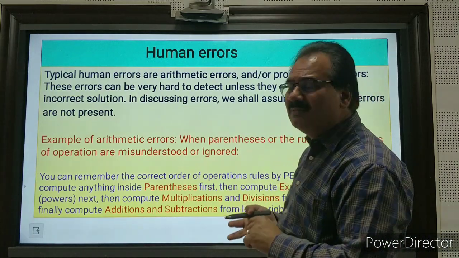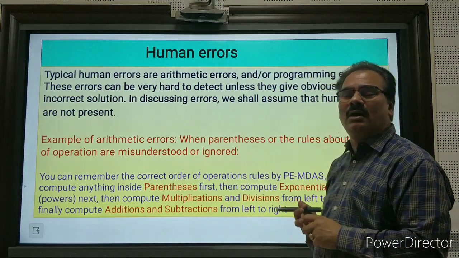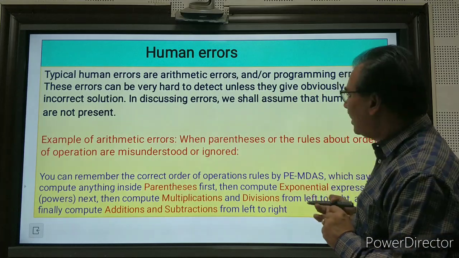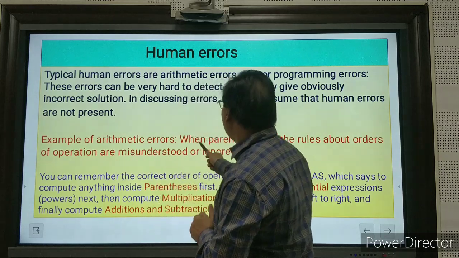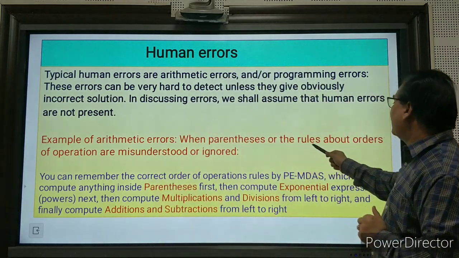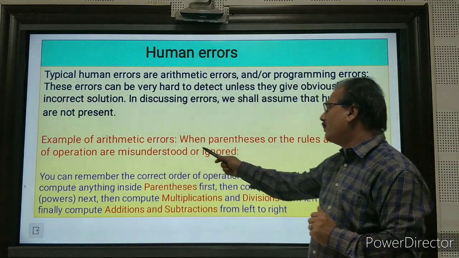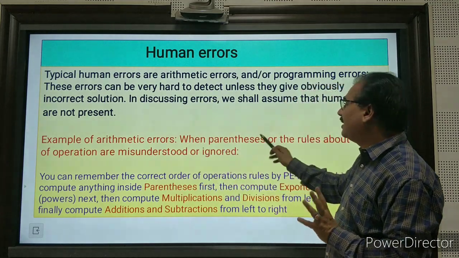So now that has been changed with the combo of computation and computer programming. This is an example of arithmetic errors when parentheses or the order of operations are misunderstood or ignored.